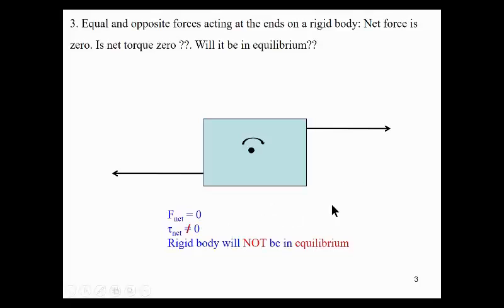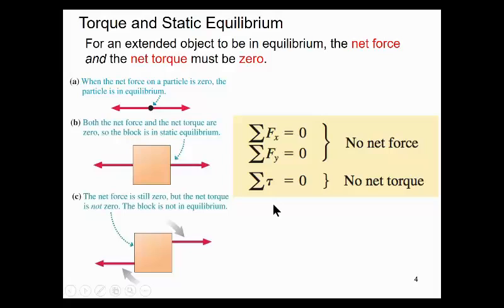In this example, this couple of forces is producing a clockwise rotation. So although the net force is zero, net torque is not zero, because it produces rotation. Then you have to say this rigid body is not in static equilibrium. Okay, so these are the conditions.